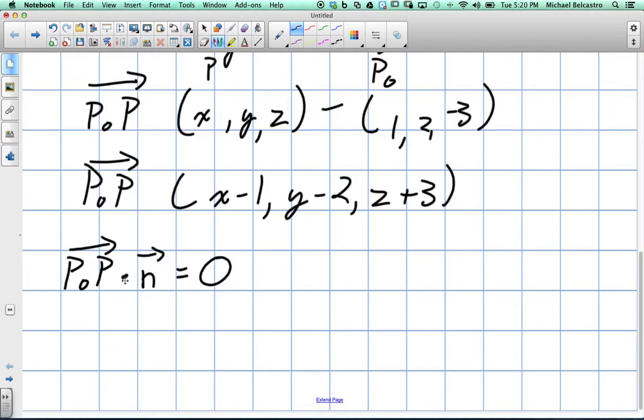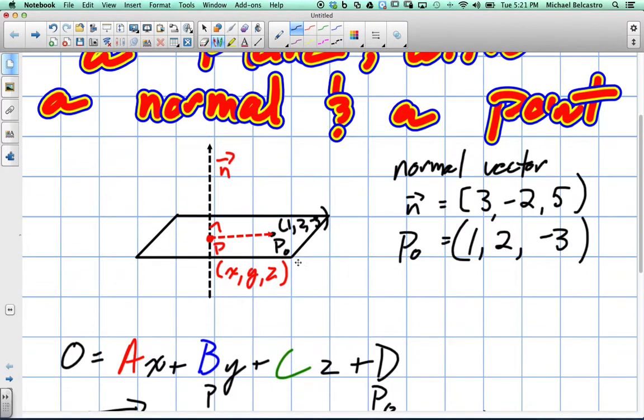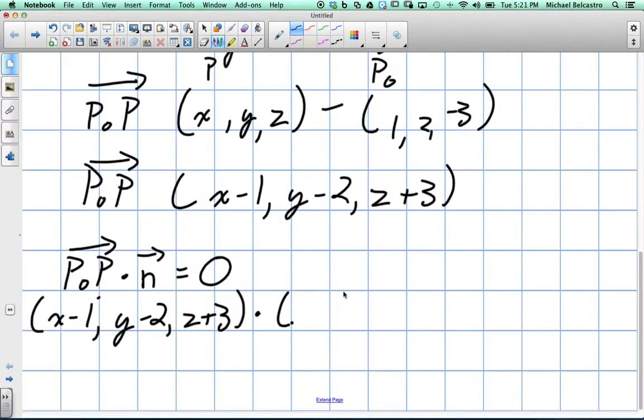We're going to find the dot product between these values, which is essentially multiplication. So we'll take our P0P, x minus 1, y minus 2, and z plus 3, the dot product with our normal. And our normal was 3, -2, and 5, right? And the dot product between the two will be equal to 0.